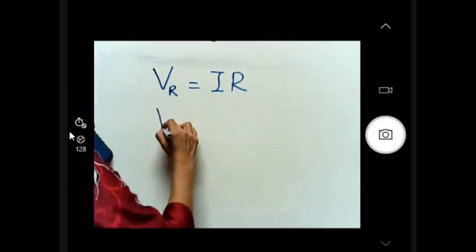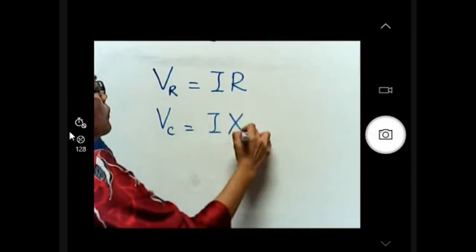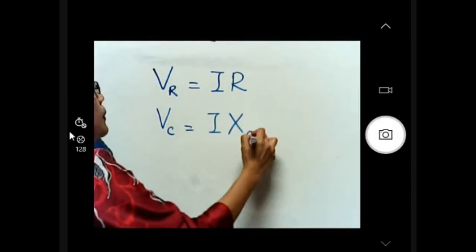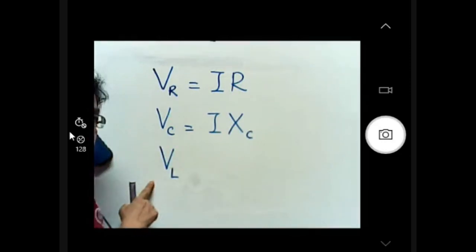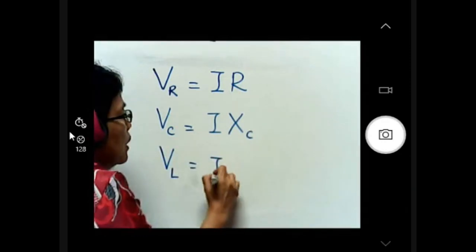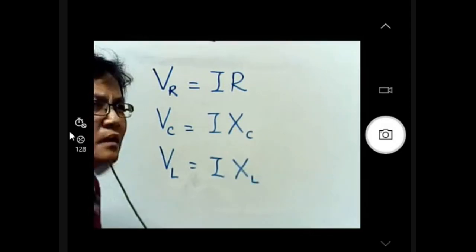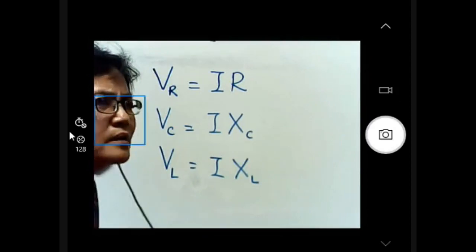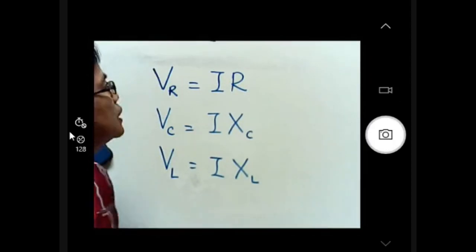Then we have voltage across capacitor equals current multiplied by reactance of capacitor. Then we have voltage across inductor, equal to current multiplied by reactance of inductor. As simple as that, not that difficult, isn't it? Don't panic, simple only.